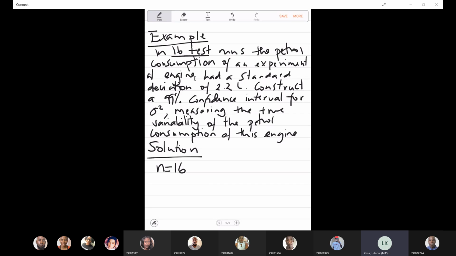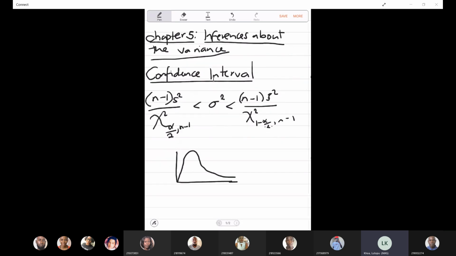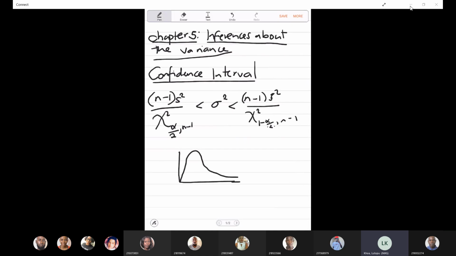Then the standard deviation from the sample is 2.2. So S is equal to 2.2. Okay, so if we look at our formula over here, the only thing we don't have is this one over here, which we need to get from our table. This S squared, we can always work it out because we know that S is 2.2.